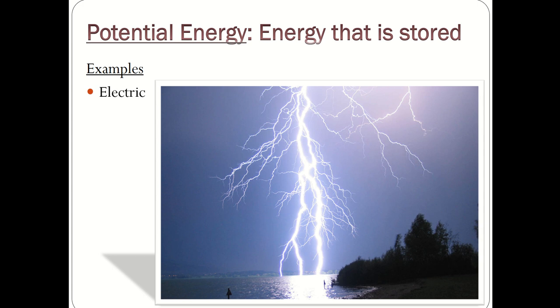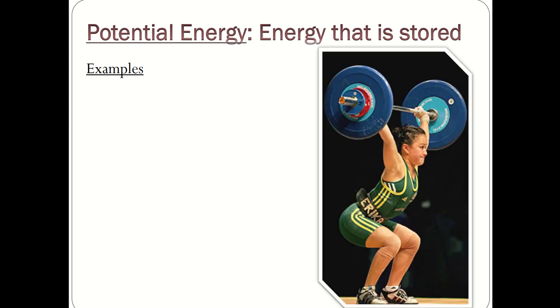Another example I can think of is if you rub your feet on a carpet and then you zap your sibling as they come by, because you accumulated charge on your body by rubbing your feet on the carpet, and then you can release it to someone who's grounded. Or if you touch something metal that's grounded, you'll feel the zap yourself. So that's an example of potential energy that's stored as a charge. So you have three examples: chemical, elastic, and electrical.